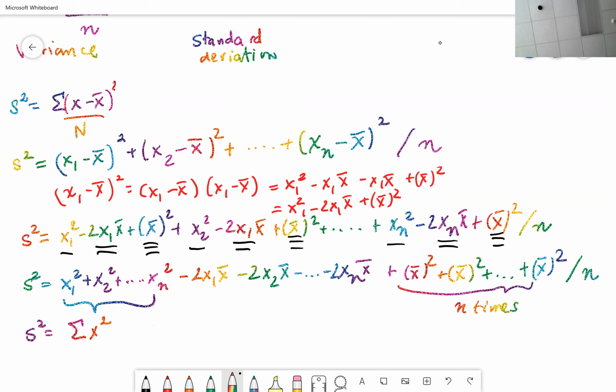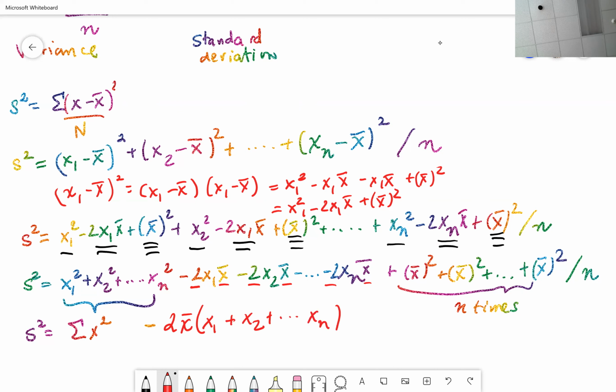In the second part, each term shares a 2 and an x bar, so I can factor out a 2 and an x bar. What's left is x of 1 plus x of 2 plus all the way to x of n.